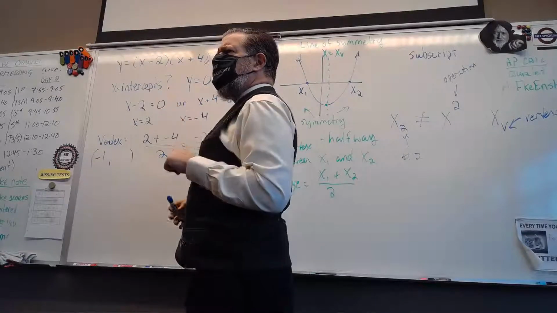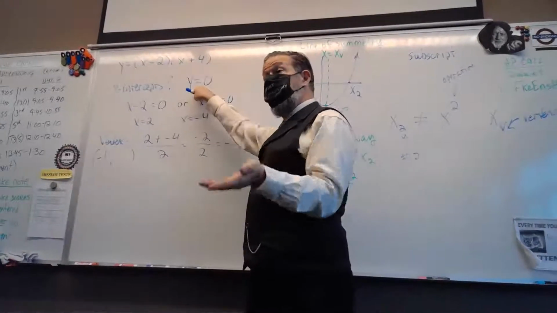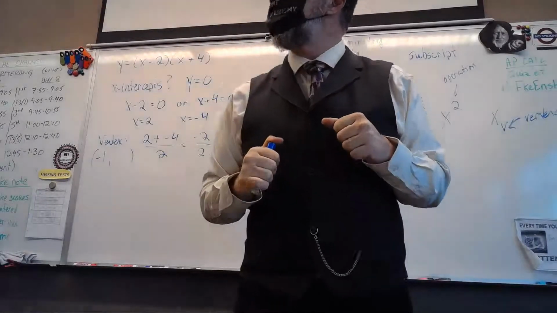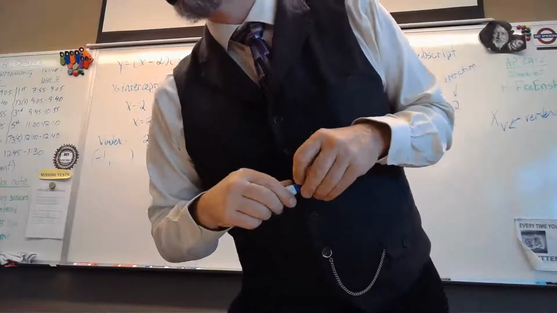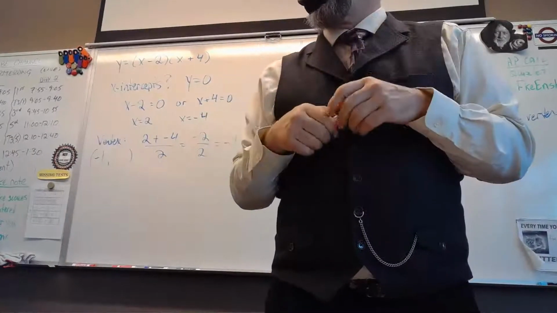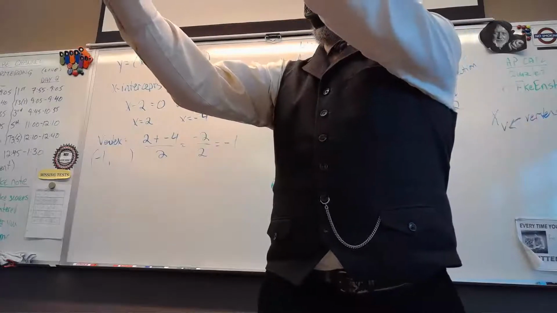But what's the other relationship between x and y? This is just if y equals 0, then x is the x-intercept. What's my other relationship between x and y, Eliana? Go all the way to the top of the board. What do you see?